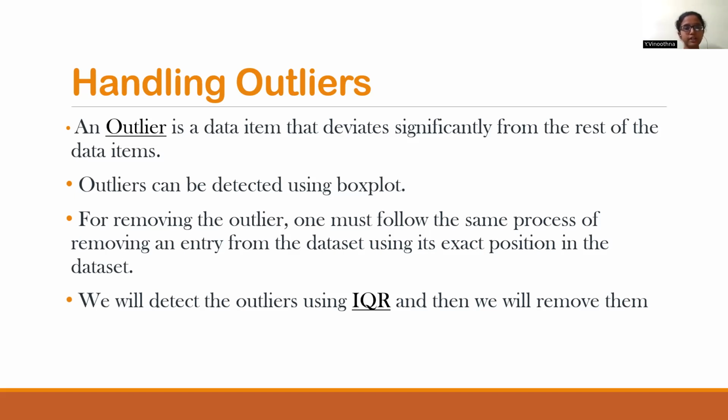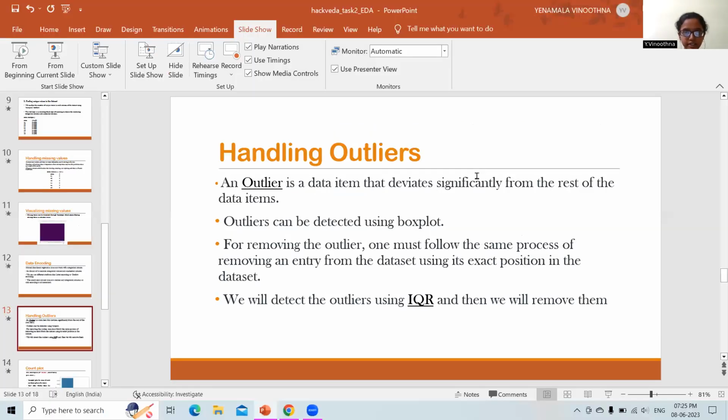For removing an outlier, we have to find the exact position of those points in the data set and remove those data points, or remove that value in the data set. For this process, we can use the IQR, the interquartile range method, for detecting and removing the outliers. So let us see how we can detect outliers using a box plot.